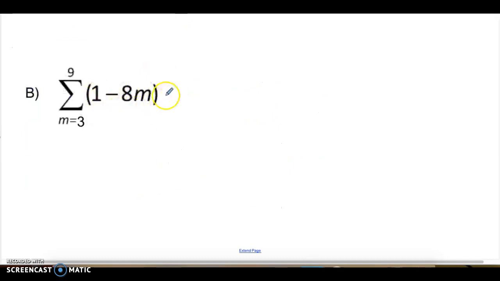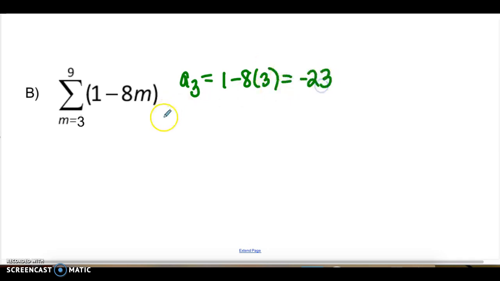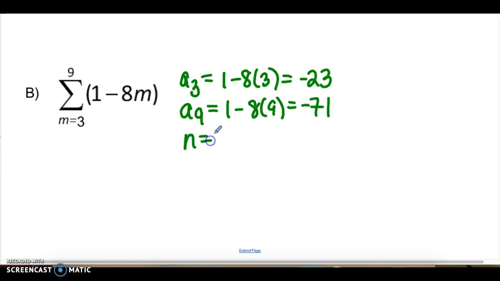Okay, part B, same problem, but this time we're starting with the third term. So we're going to plug in 3 as our first term, and that's going to give us negative 23. And then we're going to plug in 9, and that's going to give us negative 71. When we're finding the sum, we have to figure out how many terms we have. We don't have 9 terms because we start with the third.